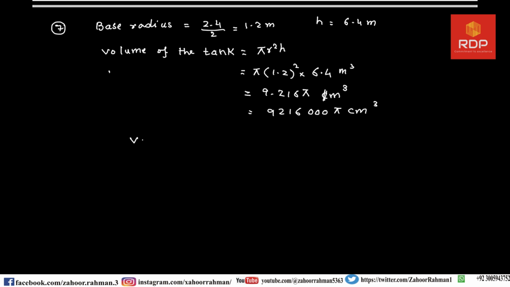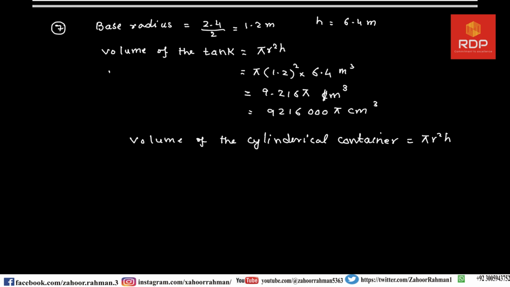Now we have to write the volume of the cylindrical container, that is the second part, and that is also equal to pi r square h, and for that we have the second set of data.